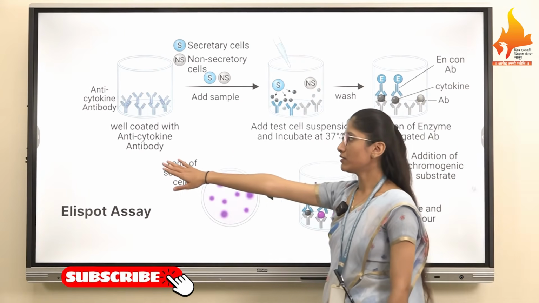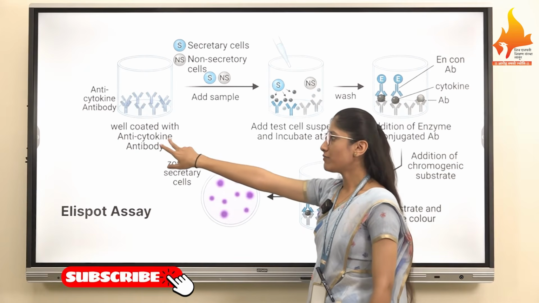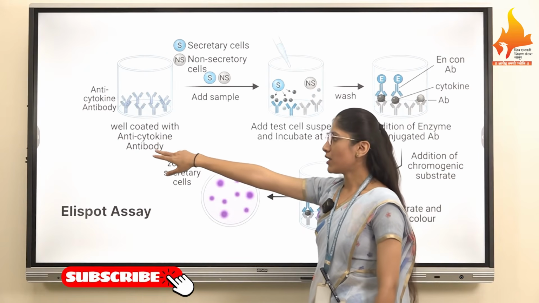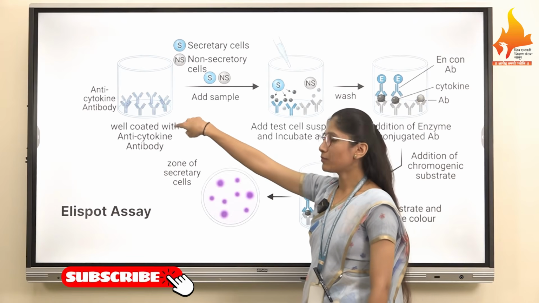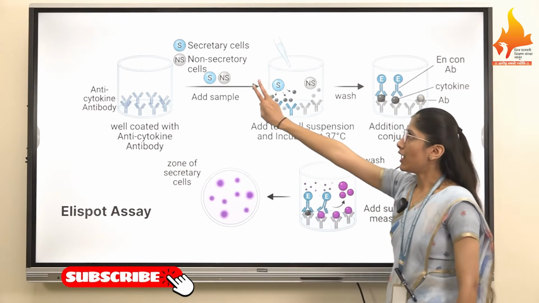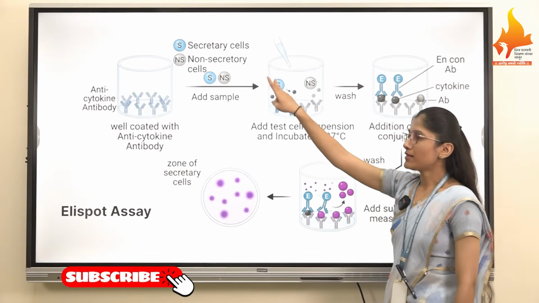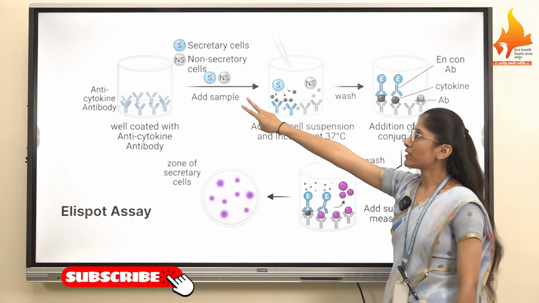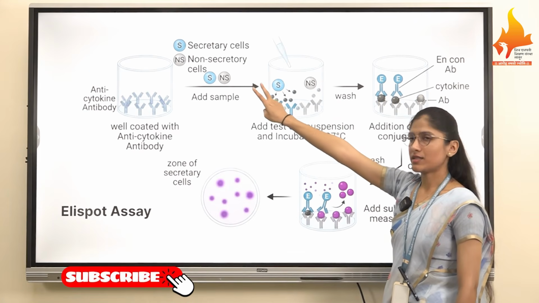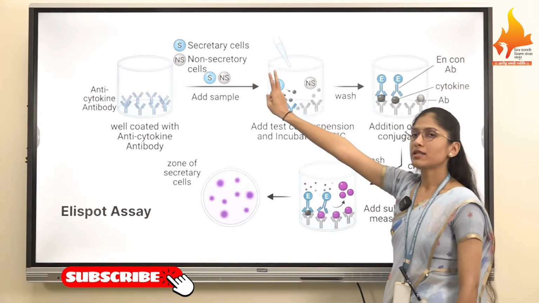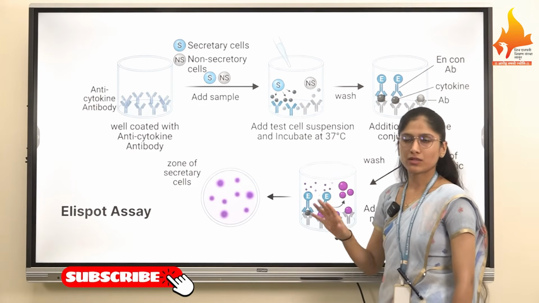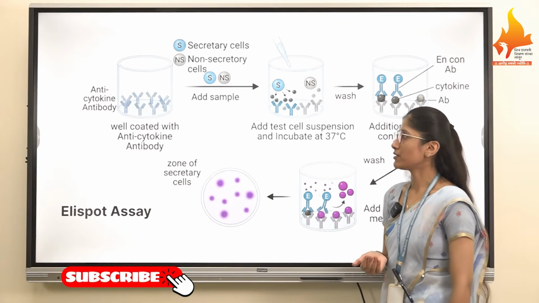So here again, this is the well coated with anti-cytokine antibody. Here we add the sample. The sample is of two types, that is secretory cells and non-secretory cells. The secretory cells produce the cytokine, and non-secretory cells cannot produce the cytokines.